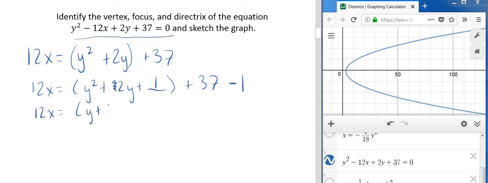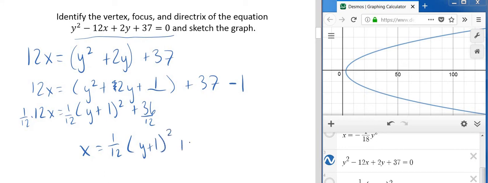So this now factors to y plus 1 squared plus 36. Let's get x by itself. So let's just divide both sides by 12, or in other words, multiply by 1/12, right? And so that gives me x equals 1/12 (y plus 1) squared plus 3.